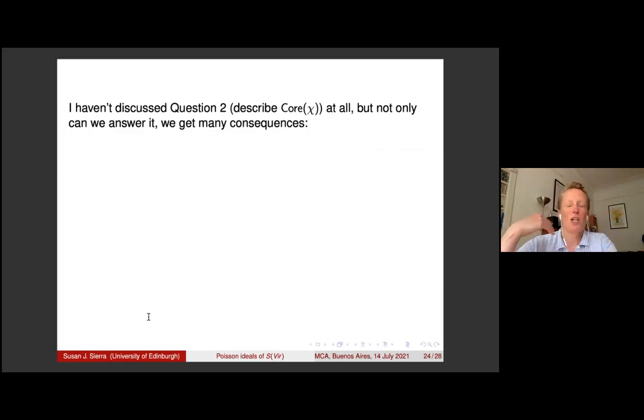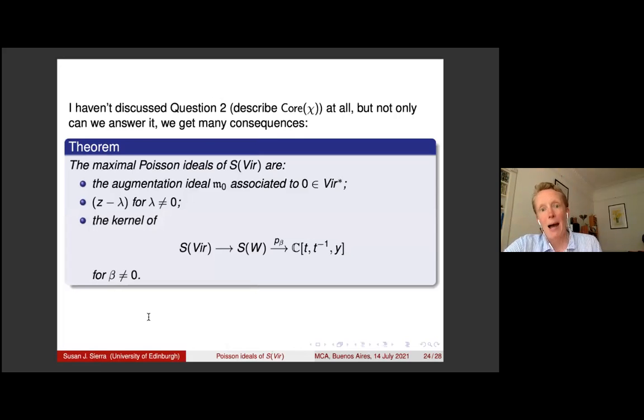So I haven't discussed the second question, describing the Poisson core, at all. But not only can we answer it, we have many consequences. Just as one example, the maximal Poisson ideals of the symmetric algebra of Virasoro, we've actually seen them all. There are these Z minus lambdas where lambda is non-zero. They're the kernels of these functions P beta, now thought of as functions from the symmetric algebra of Virasoro.